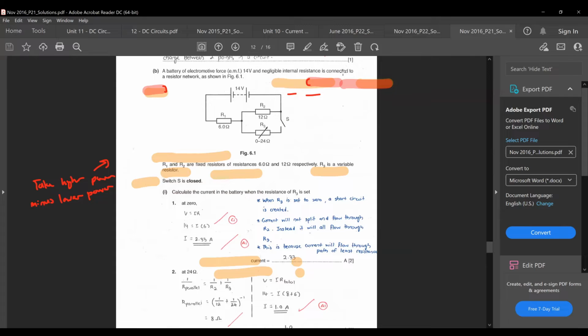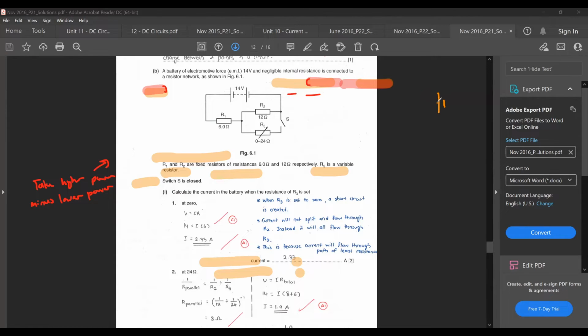If my switch S is open right now, I have something like this. I have to redraw this again. This one is open. This one is R1, 6 ohms. This one is R2, 12 ohms. This one is R3, 0 to 24 ohms now.